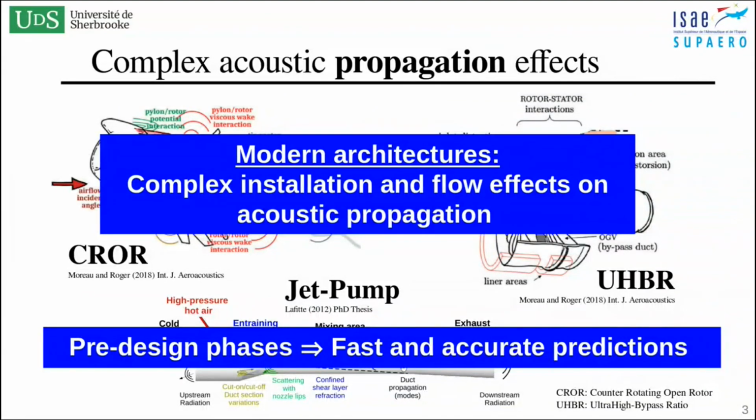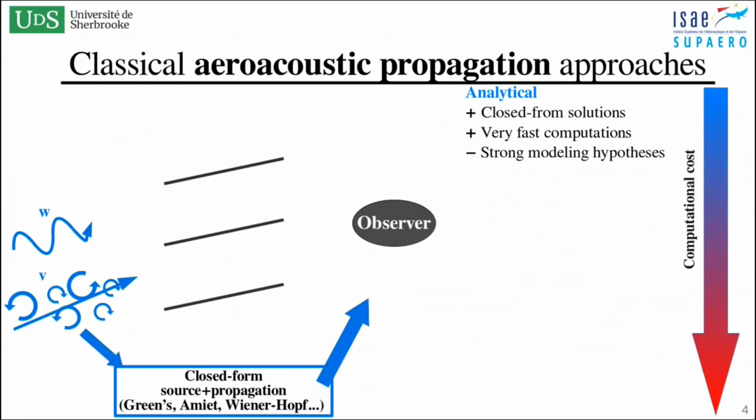Now I'm going to review some of the classical approaches used in acoustics to predict sound propagation. First, the most rapid and computationally fast are the analytical models. These find closed-form solutions of some equations, and they are indeed very fast.